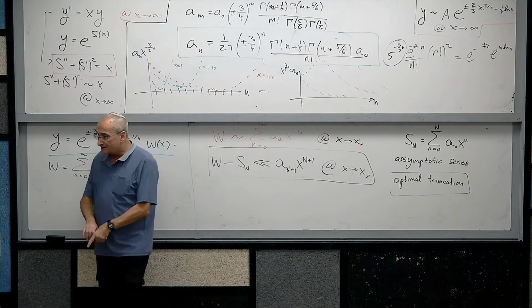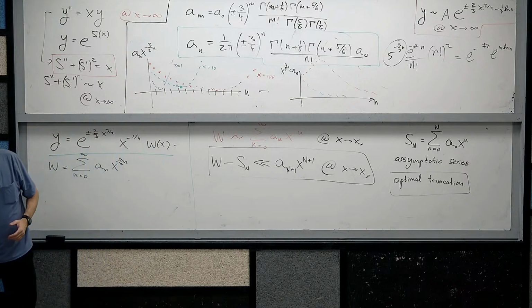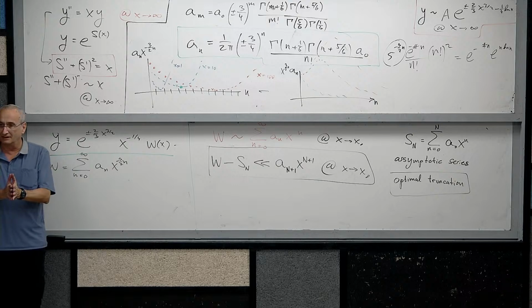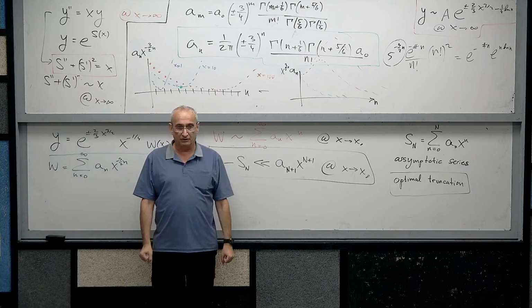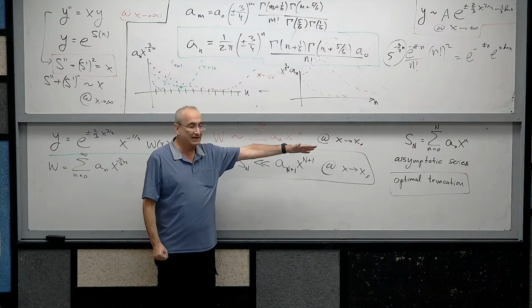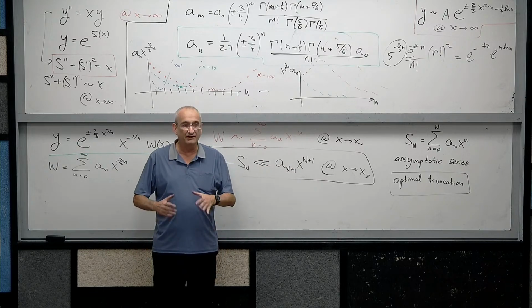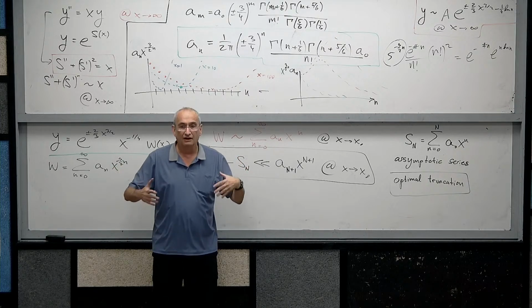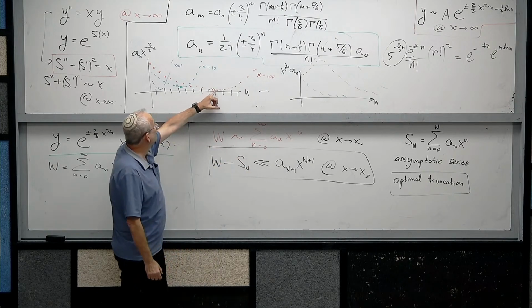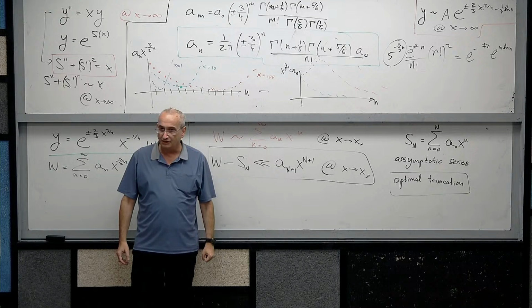Now, this seems to suggest that there is a finite accuracy for our perturbation expansions. Right? We cannot be more accurate than what we get from the optimal truncation. For every x, or for every level of anharmonicity of the oscillator, say, we cannot be better than the optimal truncation.